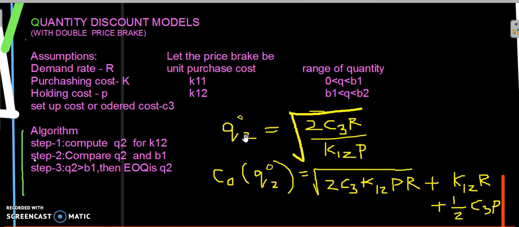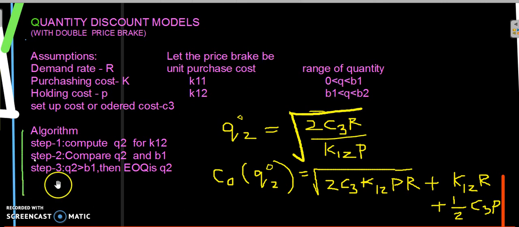The second step is that we have to compare Q2 and B1. Q2 is by calculation. B1 is the limit given here. It will be given when the problem comes, and I will explain it. This place corresponds to B1, so we are comparing this value with B1.